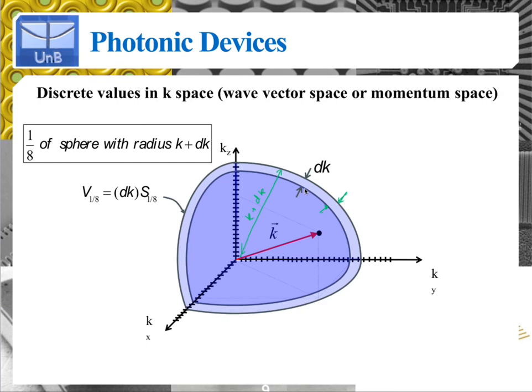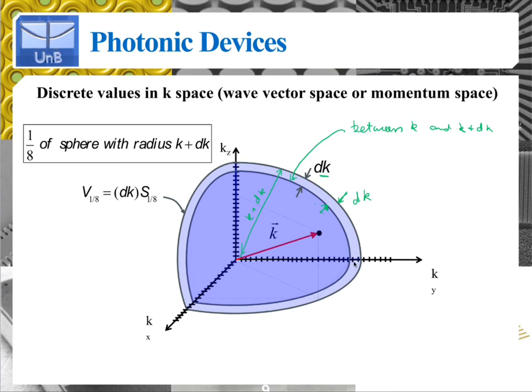The thickness of the shell is the differential dk, and this defines a volume, a shell in space, which is the volume occupied by all of the points with wave vectors between K and K plus dk. So all of the points are going to be inside this shell right here.